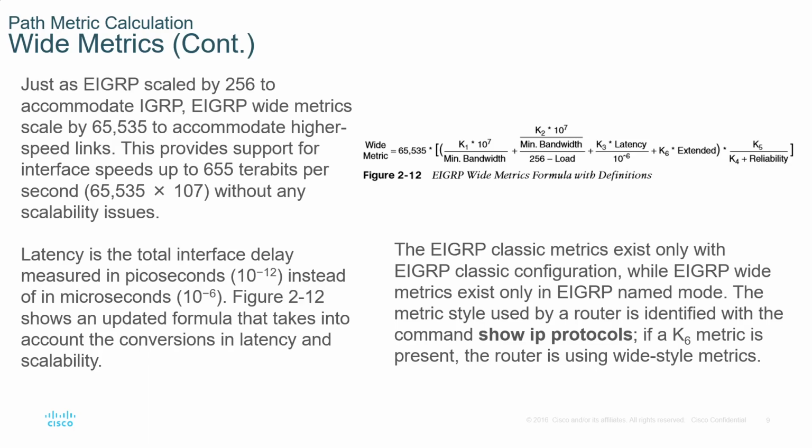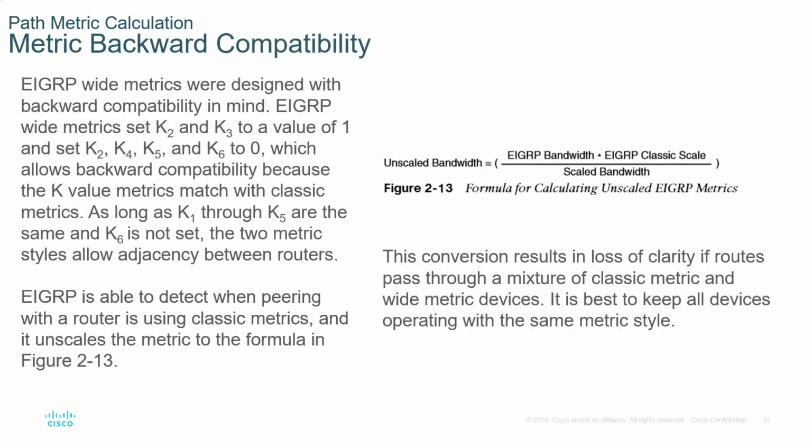Because of the backward compatibility, they default back and don't use the K6. So that's this slide. It becomes a bit of a problem because we lose that clarity of the path throughout.